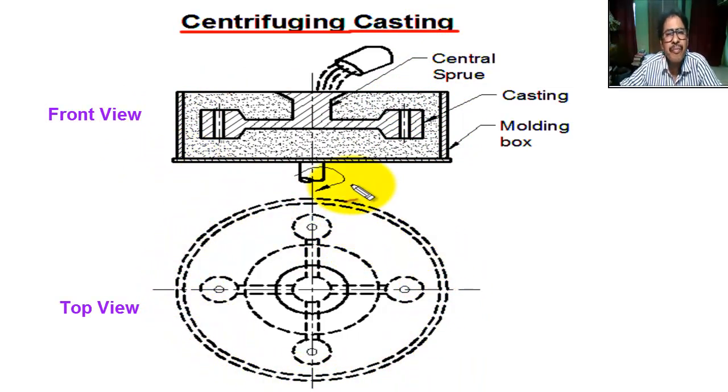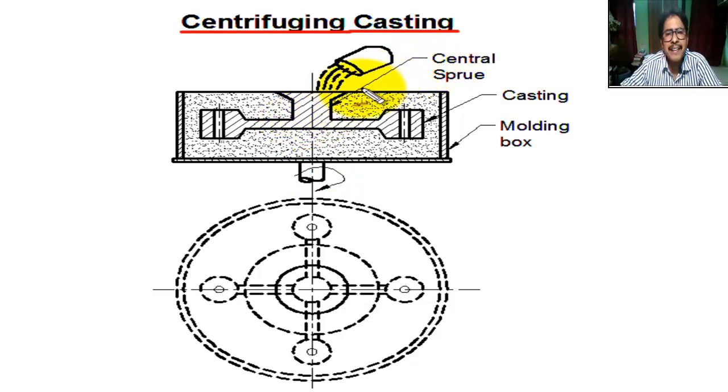This is the top view. This is the molding box. This is the vertical axis. The molding box rotates about this vertical axis.